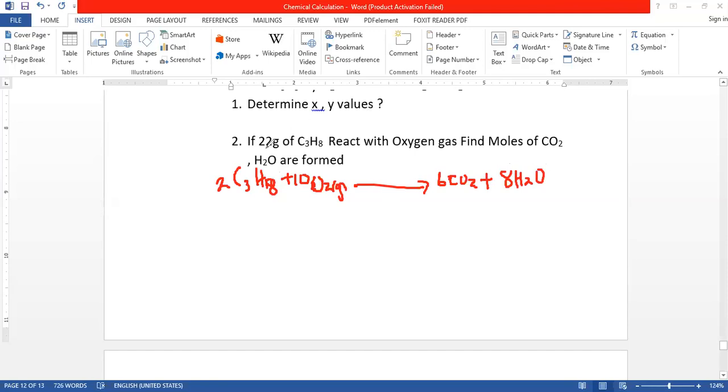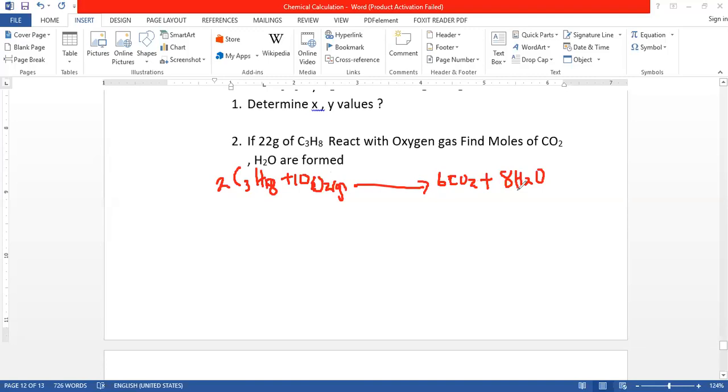If 2 C3H8 molecules react with 10 oxygen molecules, you will get 6 carbon dioxide molecules and 8 water molecules. That is the basic idea of this question.